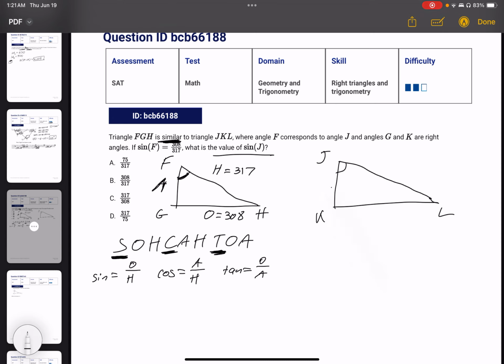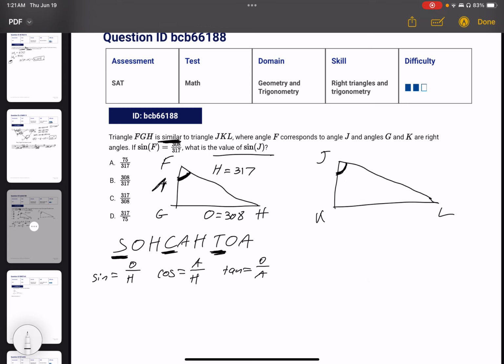That's a geometry rule you kind of just have to memorize if it isn't intuitive to you already. If the sides are proportional to one another, the angles will in turn be congruent. So the sine of angle F is going to be equivalent to the sine of J.